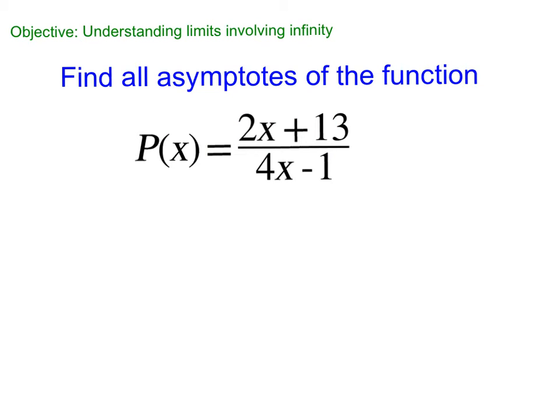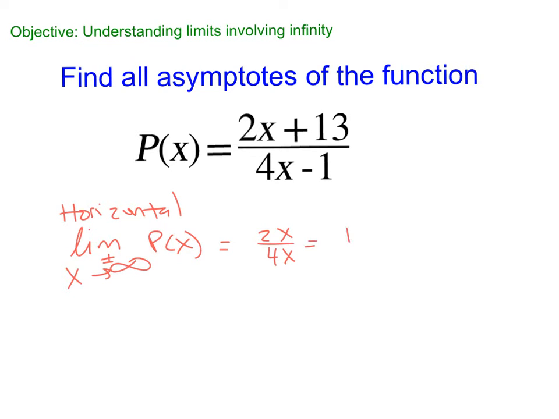All right, find all asymptotes of the function. So remember, I gave you a new definition. Let's start with horizontal. The horizontal asymptote is the limit as x approaches infinity, plus or minus, of p of x. That's just 2x over 4x, which equals a half.